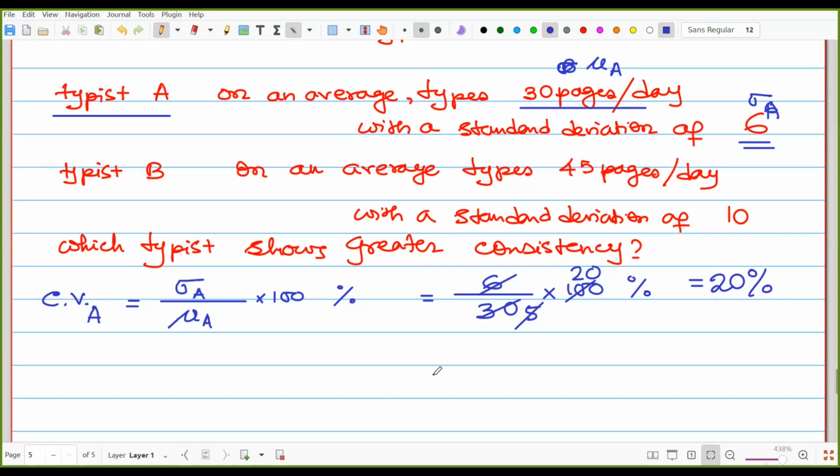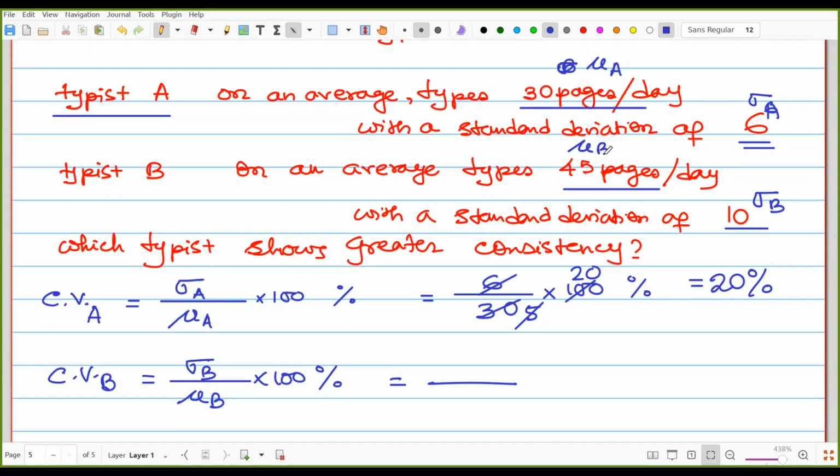Variation means how it is deviating. Now for typist B, the coefficient of variation is sigma B by mu B into 100%. For typist B, 10 is sigma B and 45 is mu B. So 10 by 45 into 100%, and that becomes 22.2%.